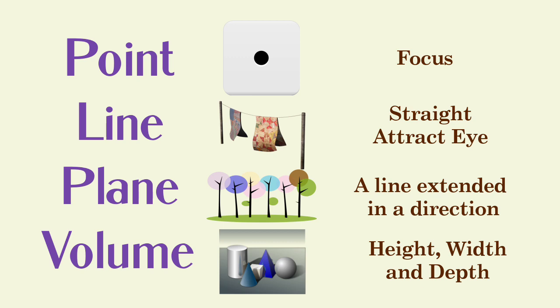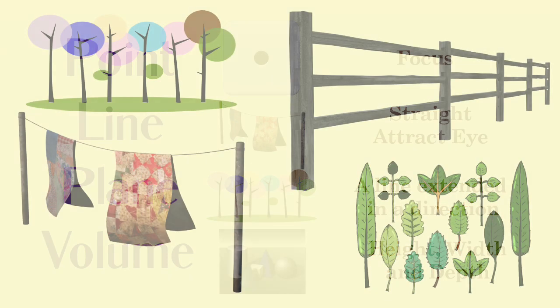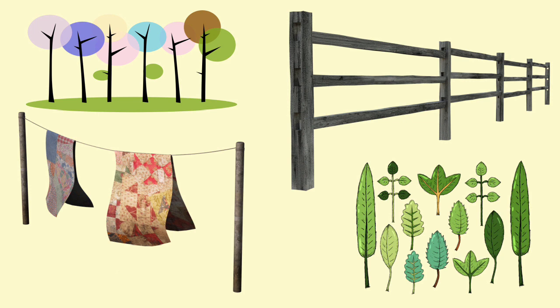The second conceptual principle is line. Straight lines attract your eye. A straight line could be a tree, a fence, a clothing pole, a leaf, etc. You want to create attention to your center of interest. Avoid lines in other areas.